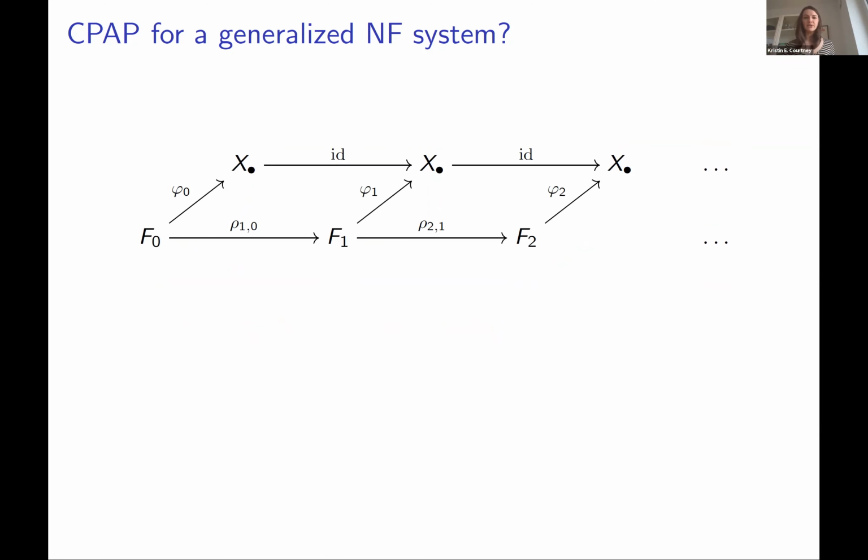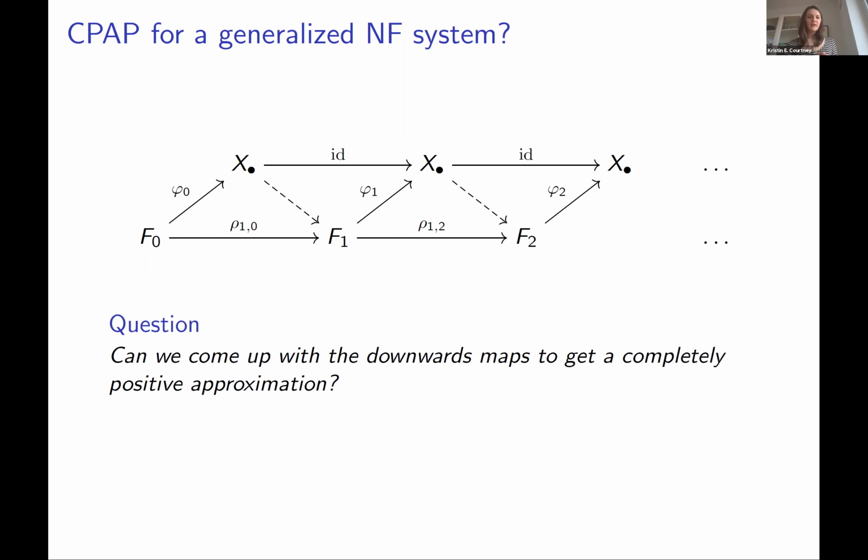So let's compress that picture and ignore the X in the middle. And now it's really starting to look a lot like a completely positive approximation. So the question is, can we come up with downwards maps to get a completely positive approximation?